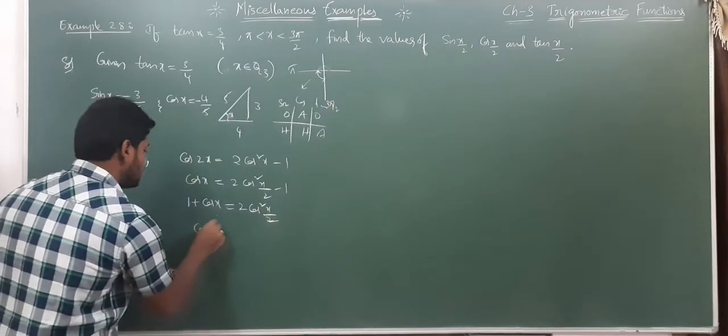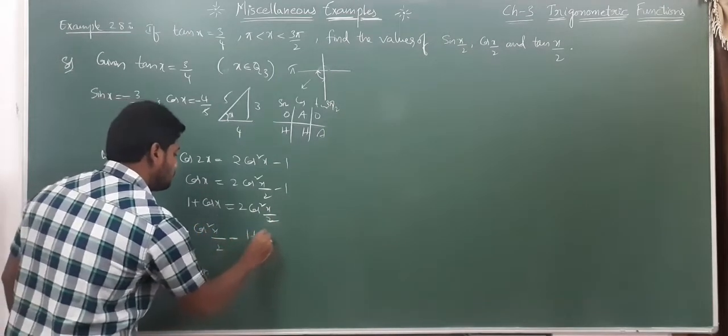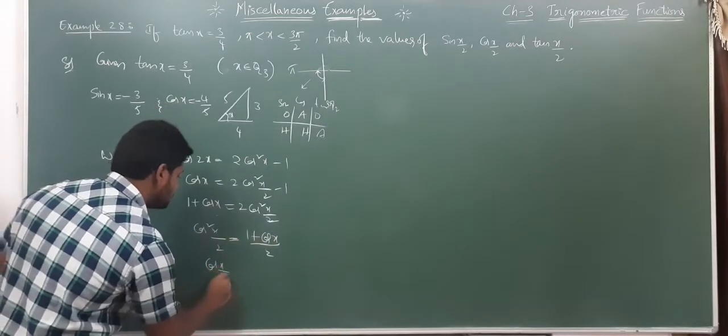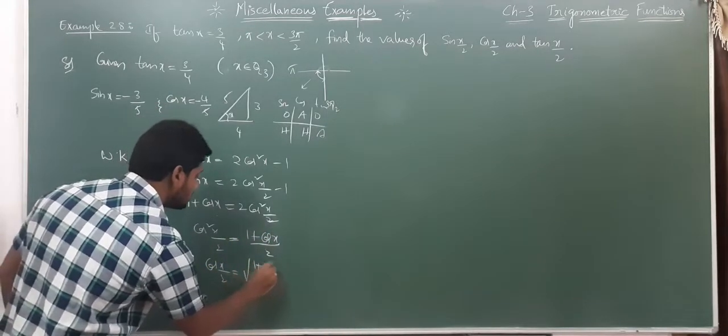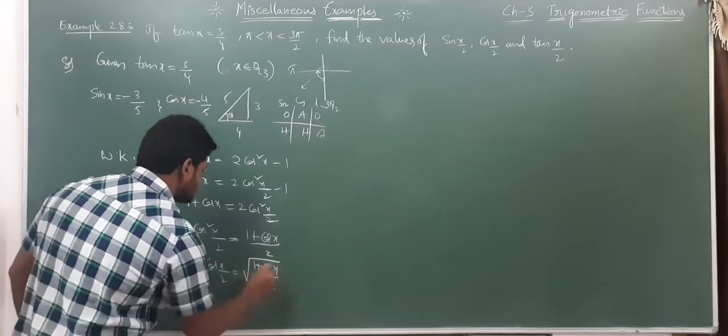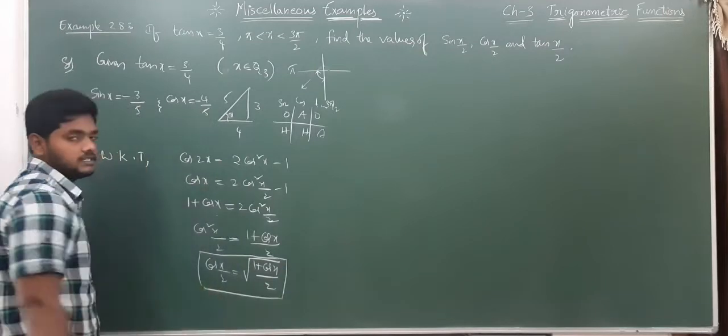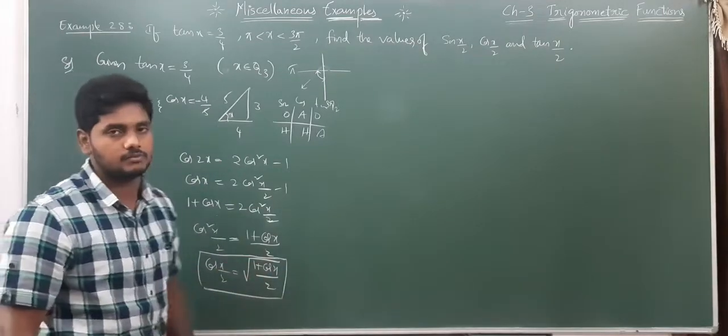Next, cos square x by 2 is equal to 1 plus cos x by 2. Now cos x by 2 is equal to square root of 1 plus cos x by 2. From this, what you need to remember is the cos x by 2 value is square root of 1 plus cos x by 2.